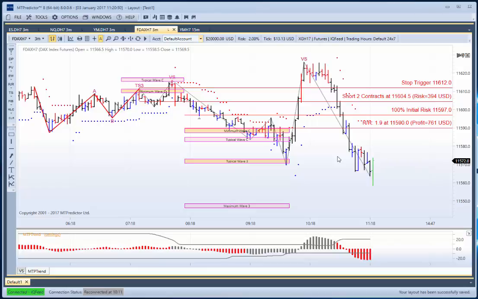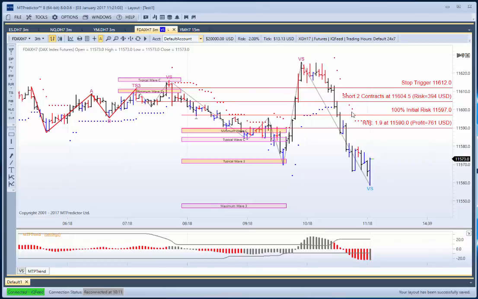This is particularly good if you're trading Forex and you have different base currencies or different base cross rates. A good example here is that the account's in dollars, the DAX is trading in euros, but our position sizing is brought back into US dollars.